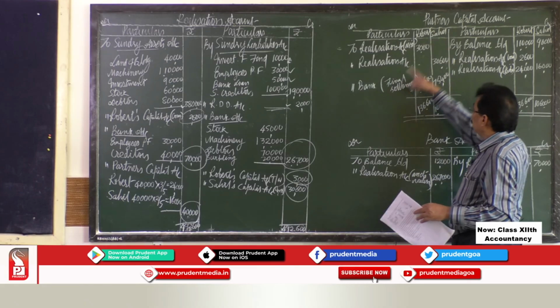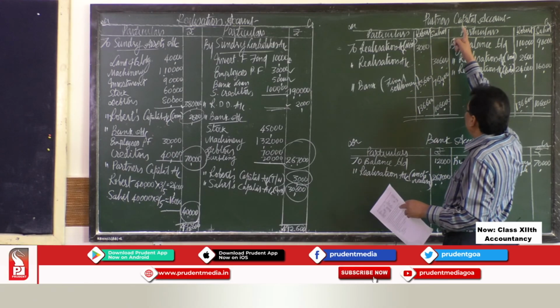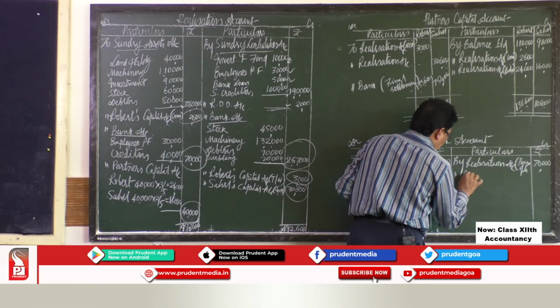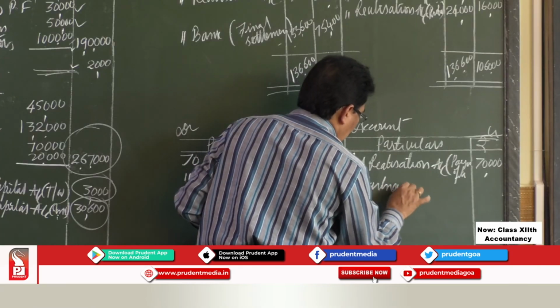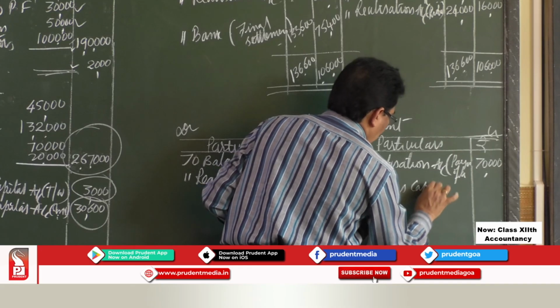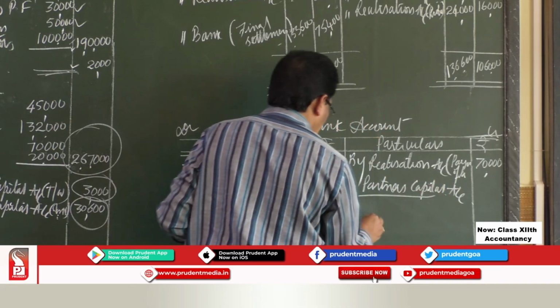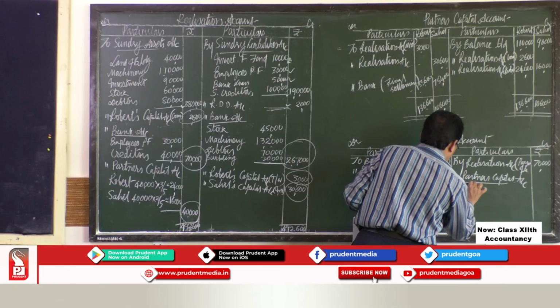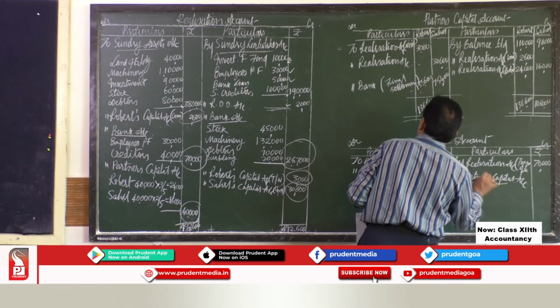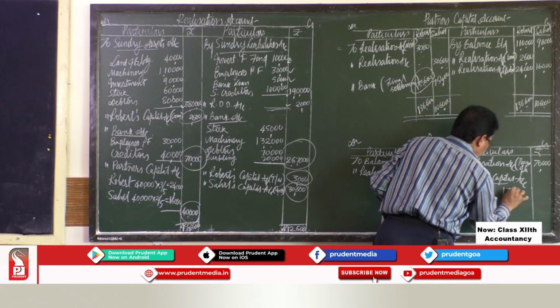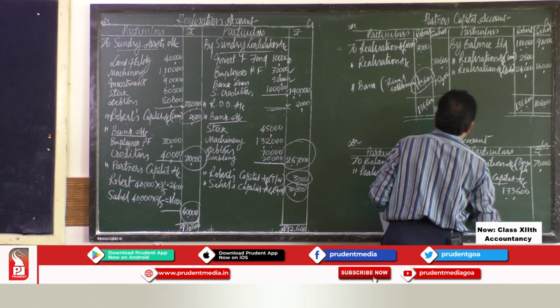Now you have to transfer this to bank account, that is partner's capital account debit to bank account. So by partner's capital account, under this you have to pay Robert rupees 1,33,600.